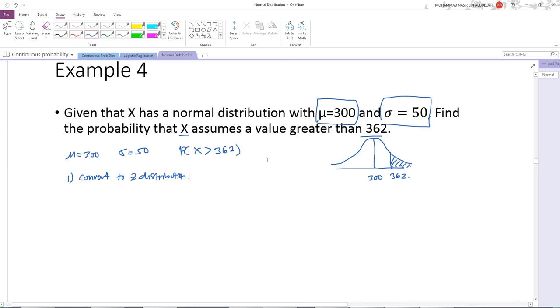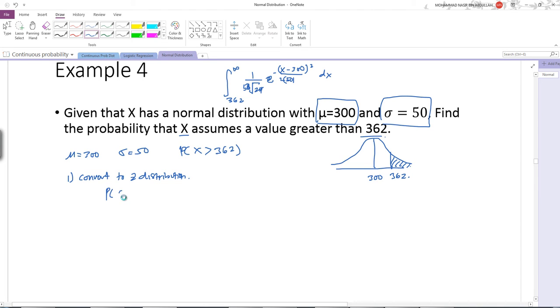If you don't want to use a statistical table, you can use a PDF function, where you need to integrate from 362 to infinity 1 over 50, our sigma, square root of 2 pi, exponential negative x minus 300 divided by 50, squared, multiply with 1/2, with respect to x. Then you will get the same answer lah. So if you don't want to do integration, then we use a standard normal distribution.